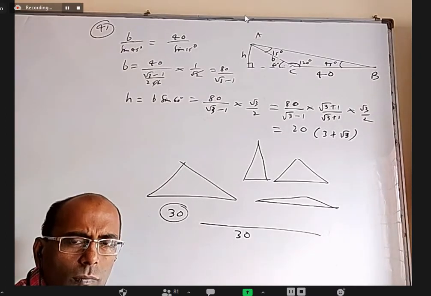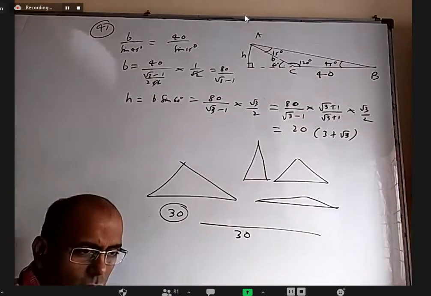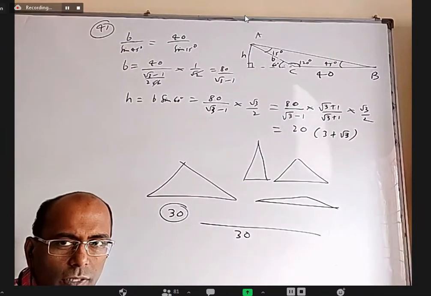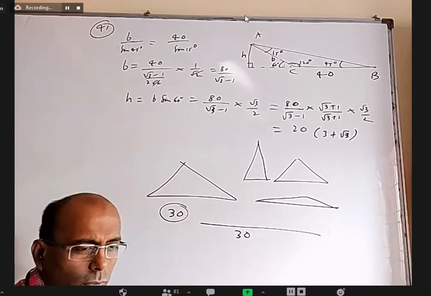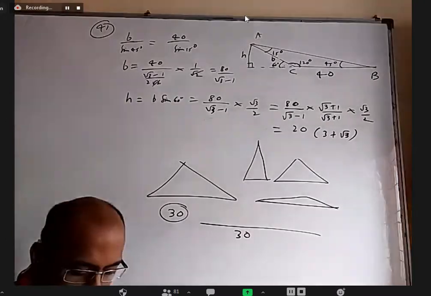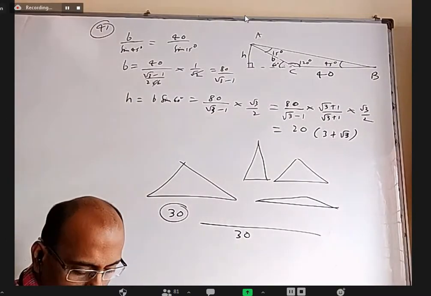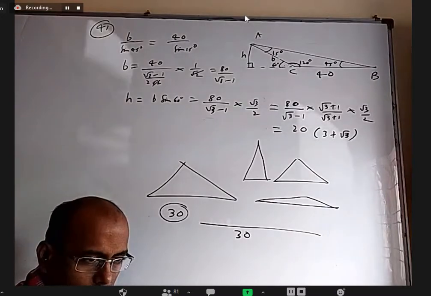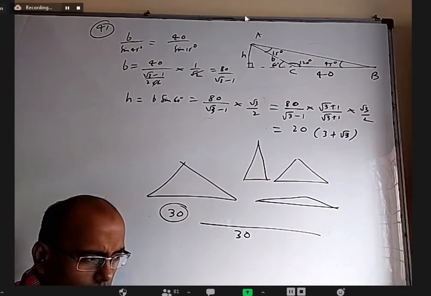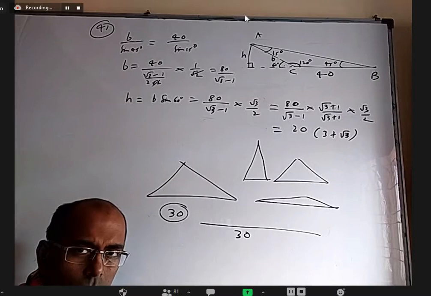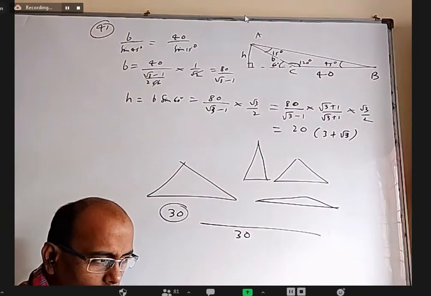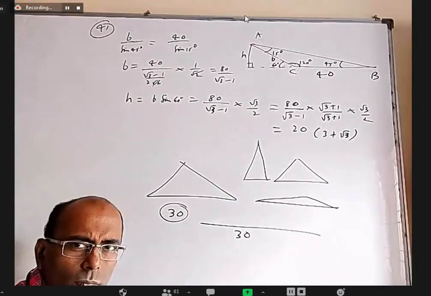Triangle. Okay, you are saying equilateral triangle will have maximum area or minimum area? Maximum. Okay, maximum. Yes, anybody want to comment anything else? Sir, obtuse angle triangle will have minimum area.